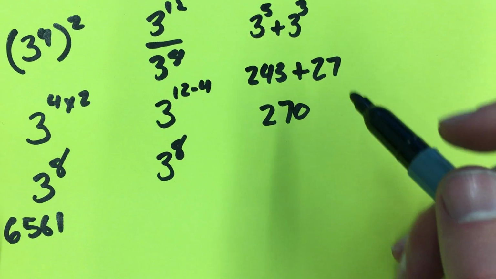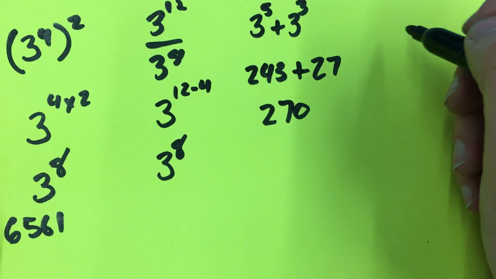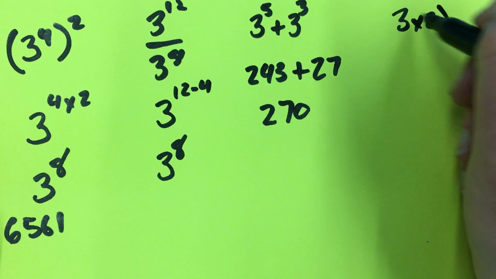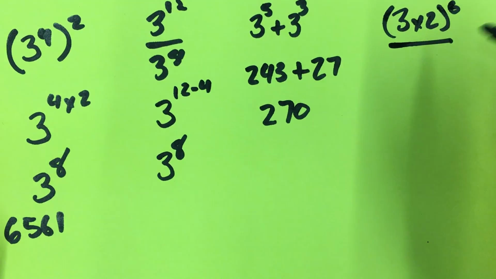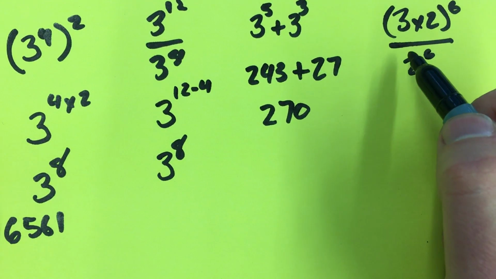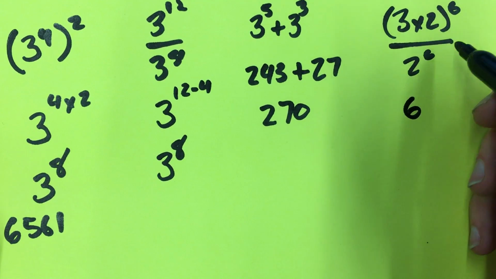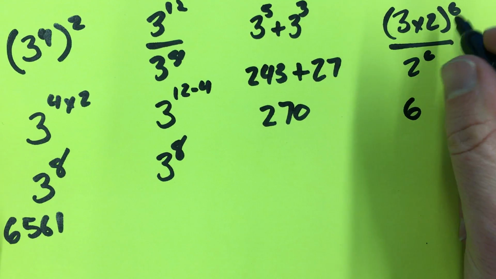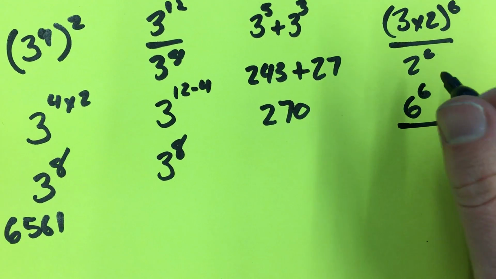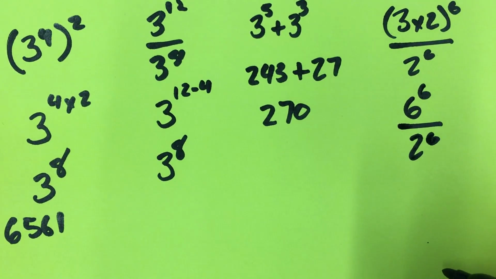Okay. The next one that we have is 3 times 2 to the power of 6 divided by 2 to the power of 6. Well, we've got to do our bracket work, so that's going to give us 6. Then we distribute the power, and we have 6 to the power of 6 over 2 to the power of 6.